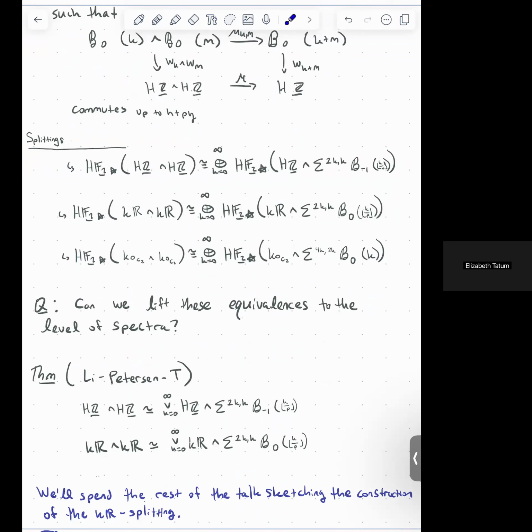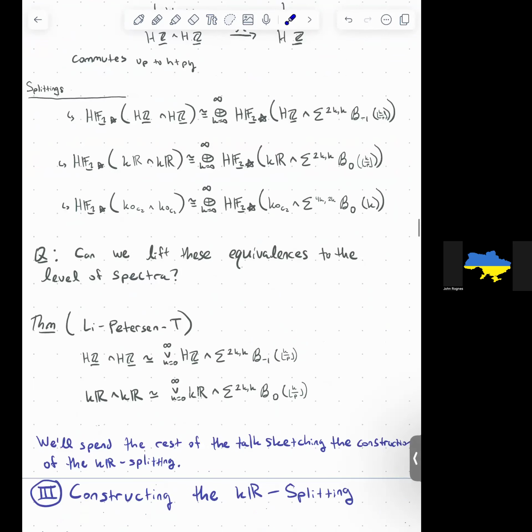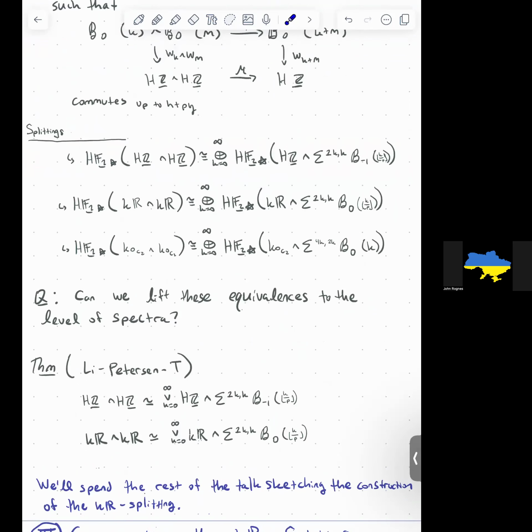But I guess, are there any questions? Okay. You mentioned there are a couple of different connective versions of C2 equivariant KO. So does that affect the homology computation here? I think that it would.